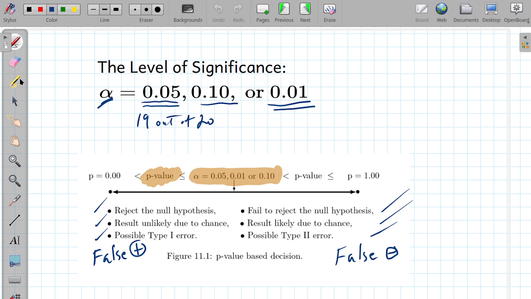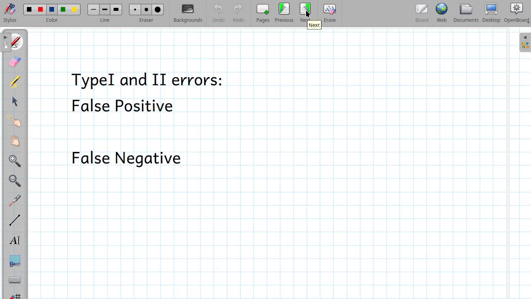Now, let's go to the next slide. What the heck is this type 1, type 2 error thing I've been rabbiting on about? Well, like I said, they're false positives and false negatives. Typically, the example used for a false positive is from the judicial system.